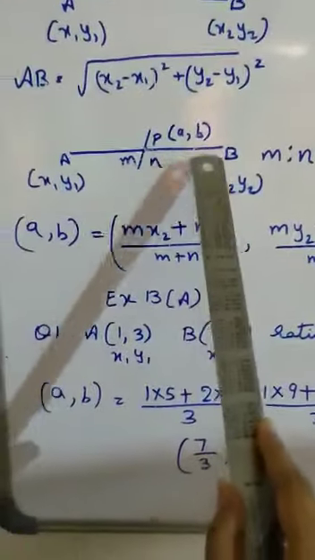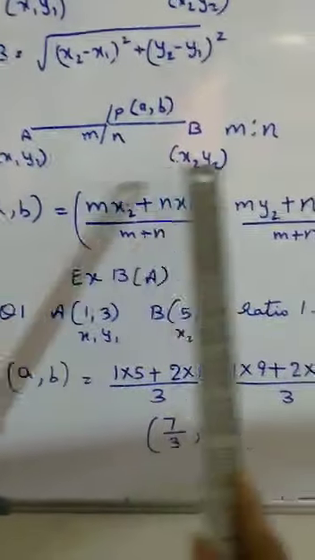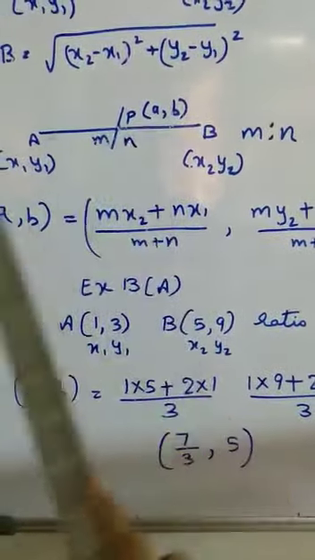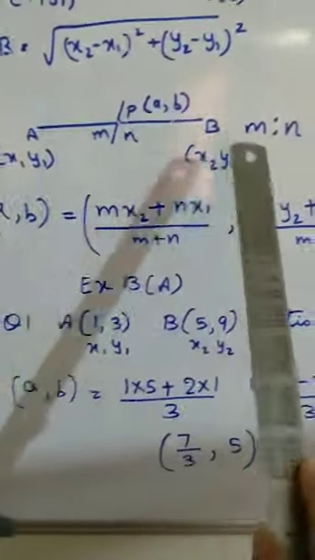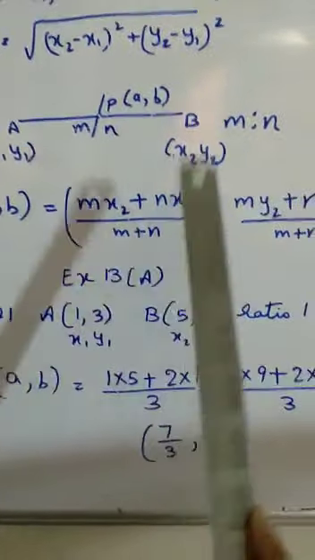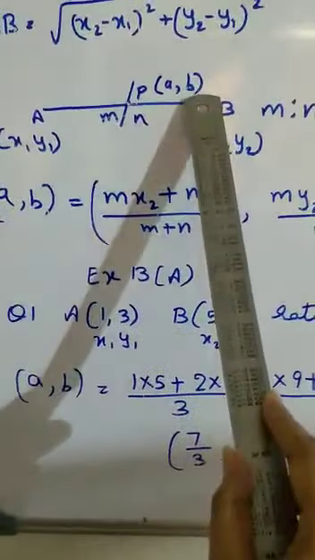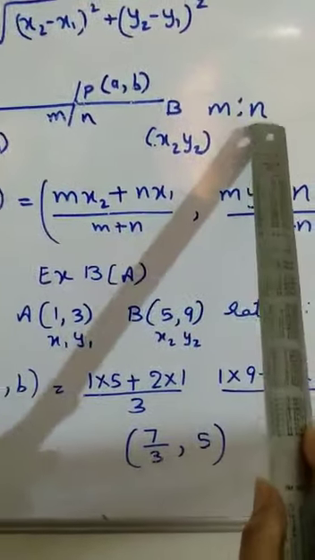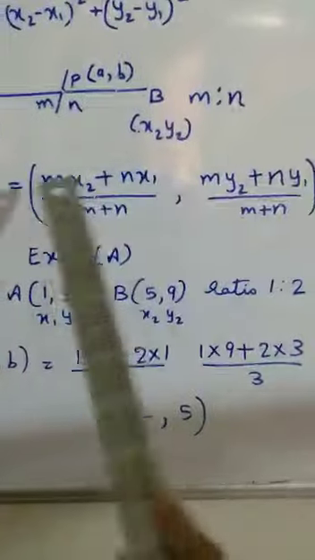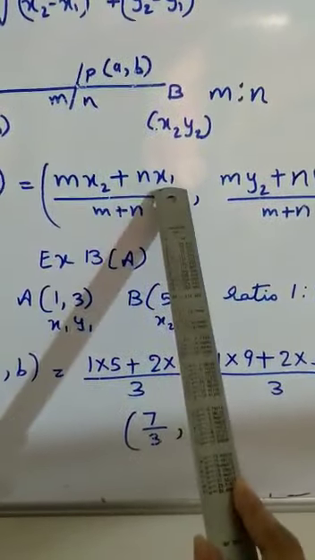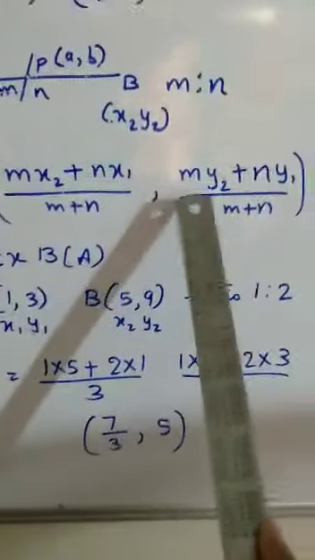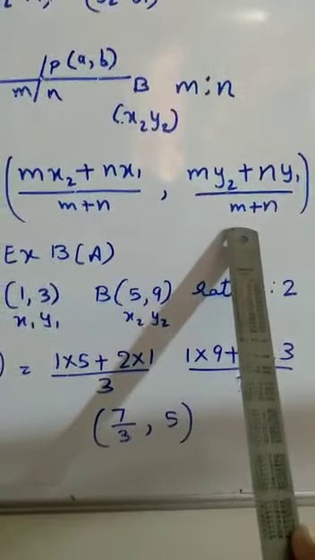To find the point a, b, with M and N as our ratio: a is in the x place, so a is M x2 plus N x1 upon M plus N. For b, it's in the y place, so b is M y2 plus N y1 upon M plus N. So learn this formula first: ratio into x2 plus ratio into x1 upon the addition of the ratio. In the same way, to find the y coordinate, M y2 plus N y1 upon M plus N.